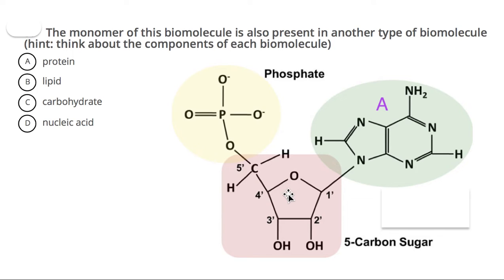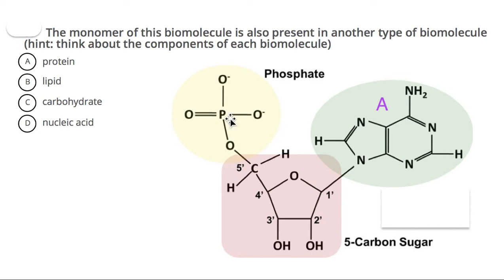So when did we cover the 5-carbon sugar that looks very similar to this one? Remember when we covered carbohydrates and we covered the monosaccharides? Based on this structure, you do have an oxygen on carbon number 2, so this will resemble ribose. So ribose is a monomer for carbohydrates.